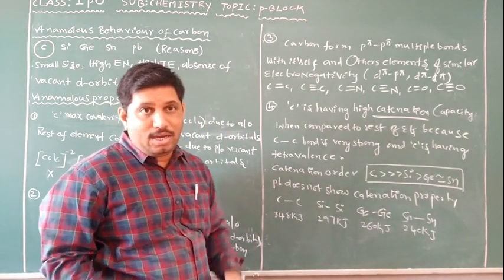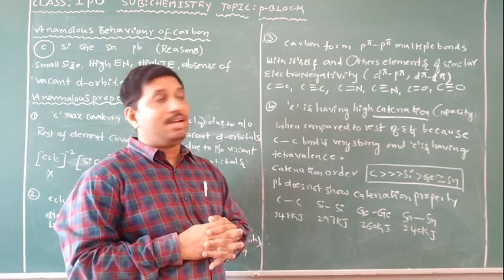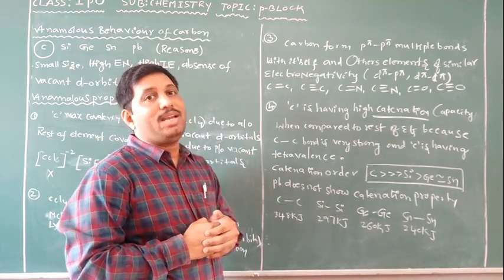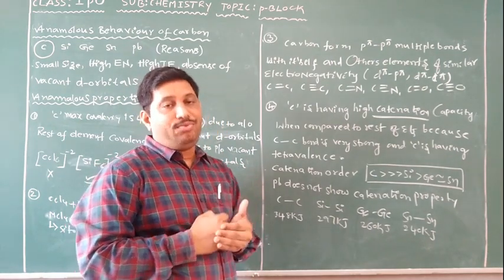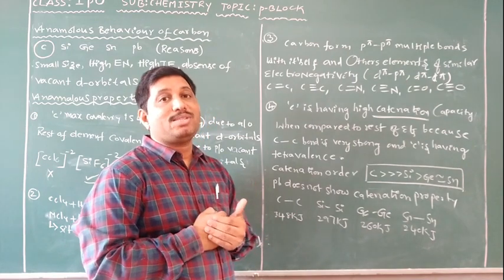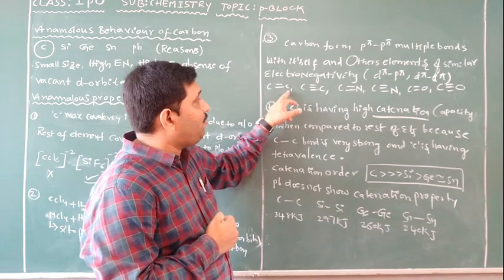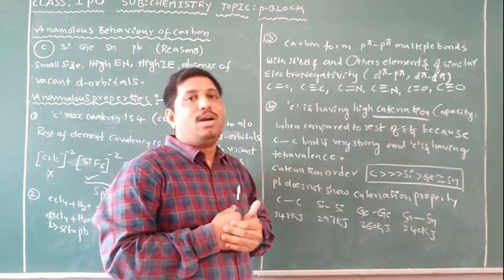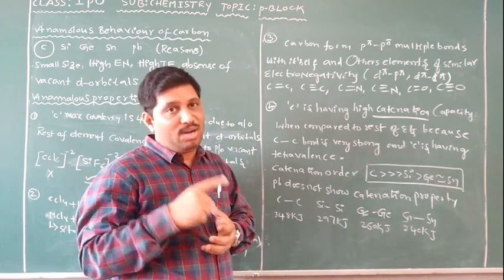In the case of silicon, germanium, tin and lead, d-pi p-pi as well as d-pi d-pi bonding is possible, because vacant d orbitals are absent in carbon and present in the rest of the elements. Here carbon can form p-pi multiple bonds with itself and other elements of similar size and same electronegativity.